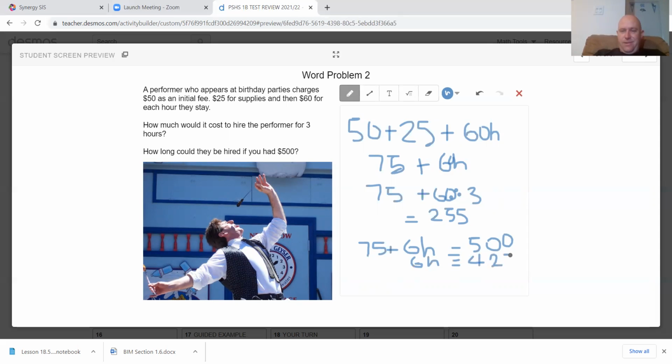I'm just not writing it down on here because I'm short of space. I can then divide by 60, and then this is really where I would need a calculator. 425 divided by 60 does not work very well. All I do know is that it's 7 point something. So I'm going to say approximately 7 hours, and we'll leave it at that for right now.